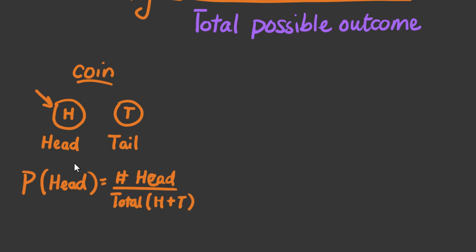Therefore, we have our number of heads to be 1 out of 2. This is how you address the probability of a favorable outcome versus the total outcomes that are possible.